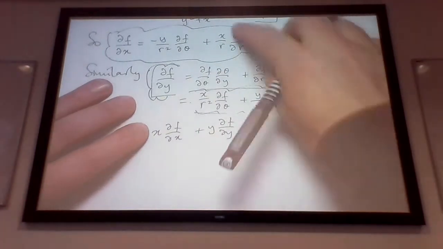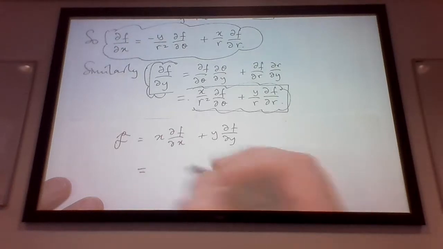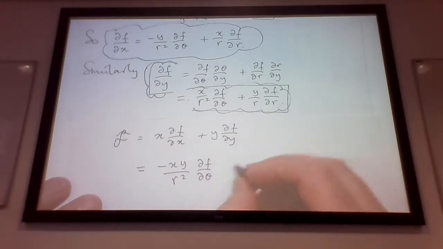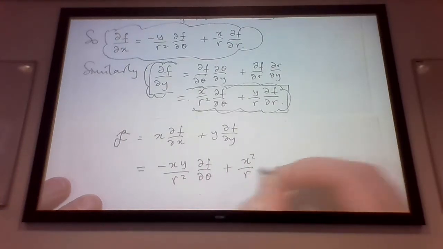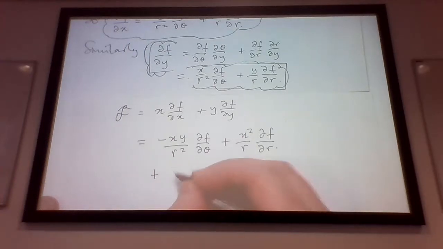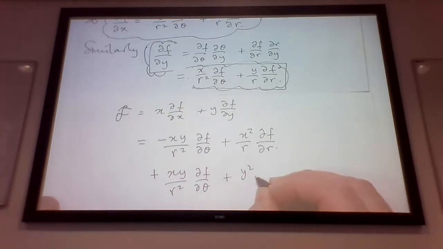Substituting in these two quantities that I have in these curly clouds gives me minus xy over r squared df/dθ plus x squared over r df/dr, then plus xy over r squared df/dθ plus y squared over r df/dr.